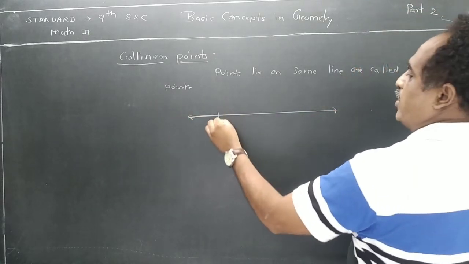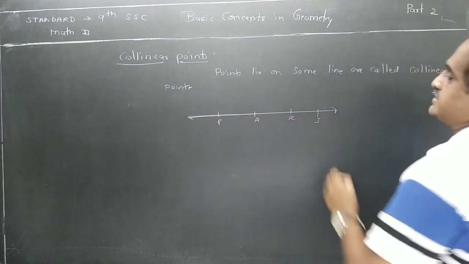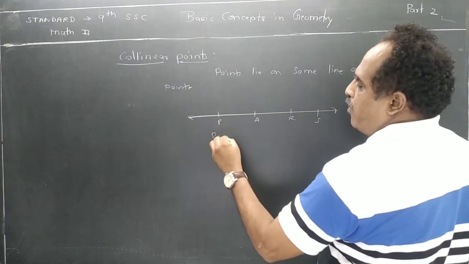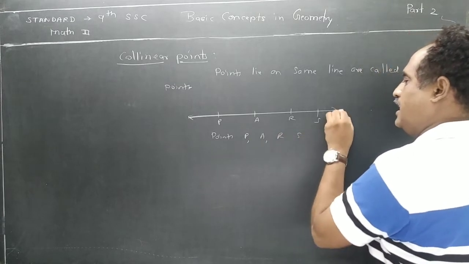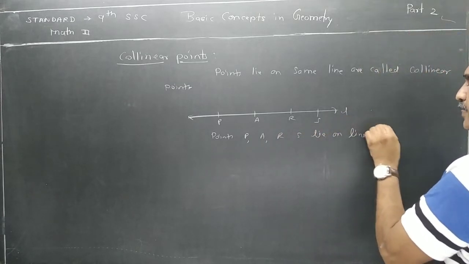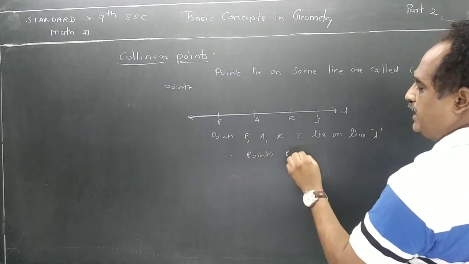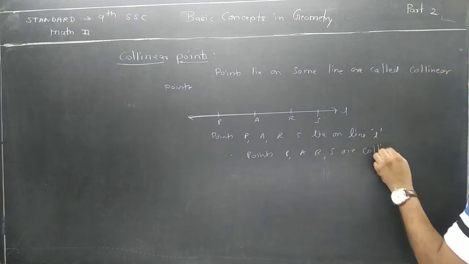Okay, for collinear points, suppose I draw a line and I am taking points P, A, R, S. So what can I write then? Points P, A, R, S lie on line L. Therefore, points P, A, R, S are collinear points.